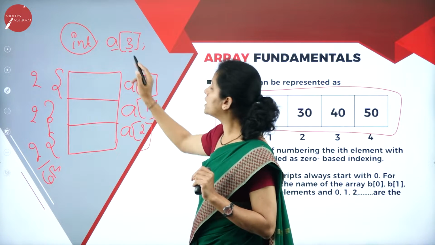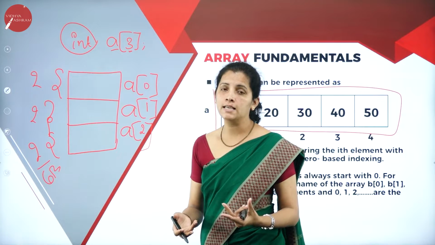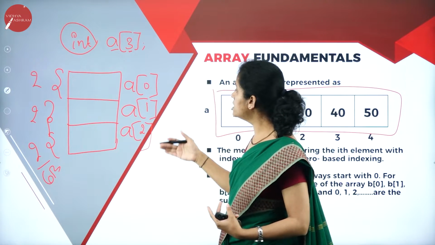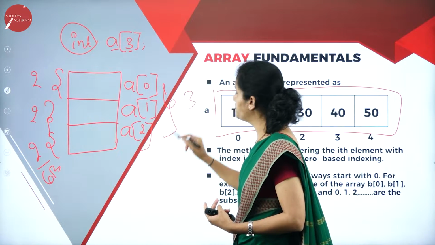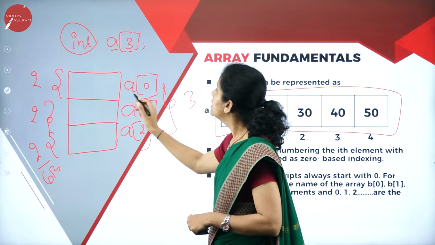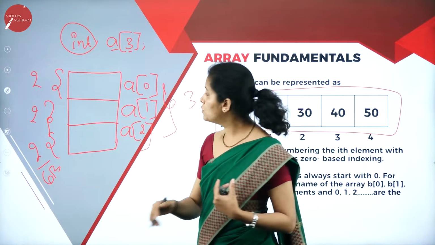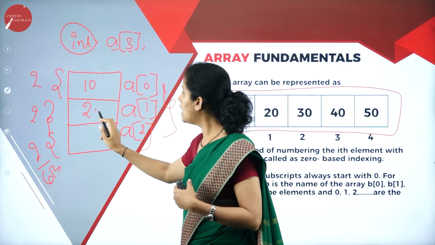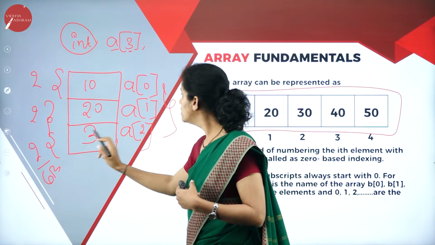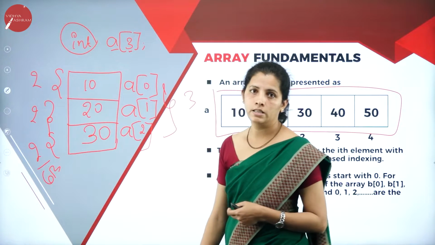What is the size? It is 3. But what is the range here? That is 0 to 2. Total, it is 3. Now, think that in the place of A of 0, I'm going to place 10, in A of 1, 20, and in A of 2, it is 30.